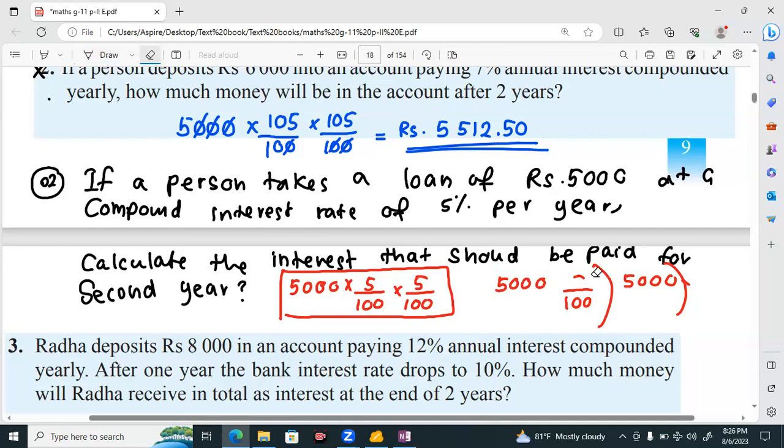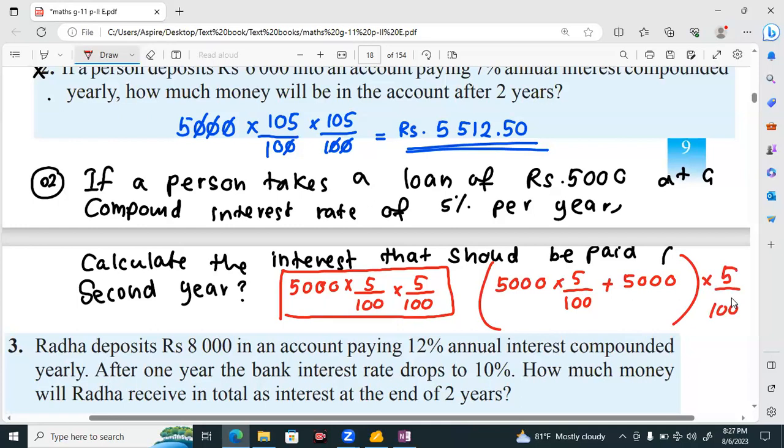Yes, you can follow the first method, it doesn't matter. But it is better if you can find it at once. 5,000 into 5/100 plus 5,000, the whole thing inside a bracket, and then outside, into 5/100.